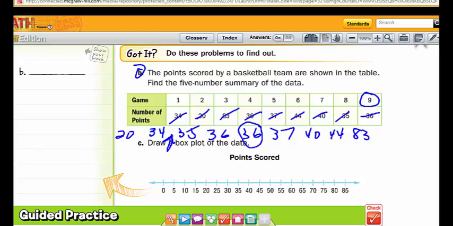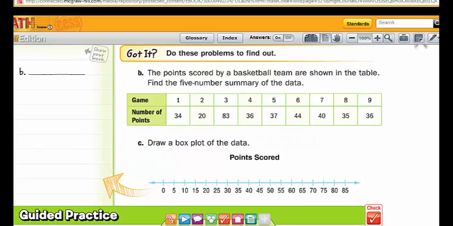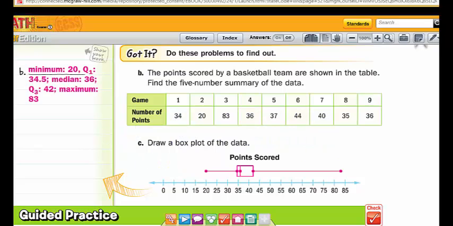so that means right here is going to be our Q1, and halfway between 34 and 35 is 34.5. And halfway between 40 and 44 would be 42. So this is going to be our Q1, Q3, our minimum value, our maximum value, and right there's our median. So to put those values on the table here, we'll go this way here.